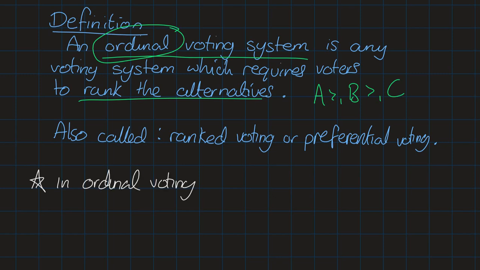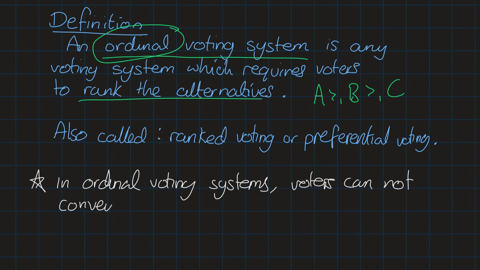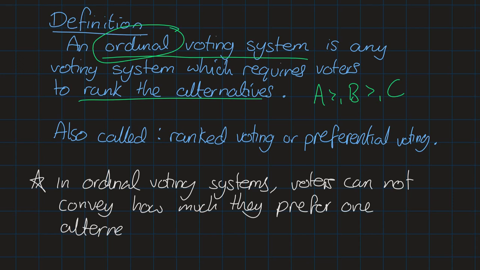So in ordinal voting systems, voters cannot convey how much they prefer one alternative to another. They can convey that they prefer one alternative to another, but they can't convey by how much.